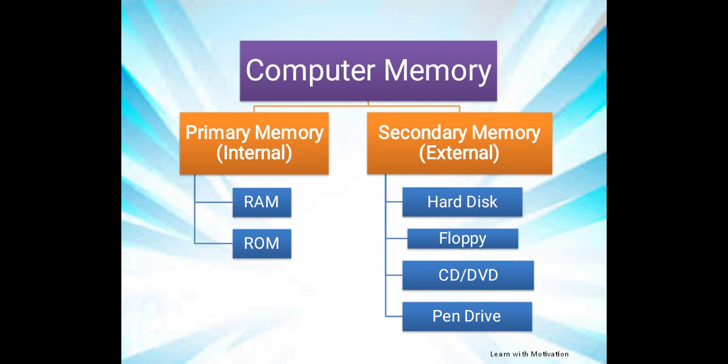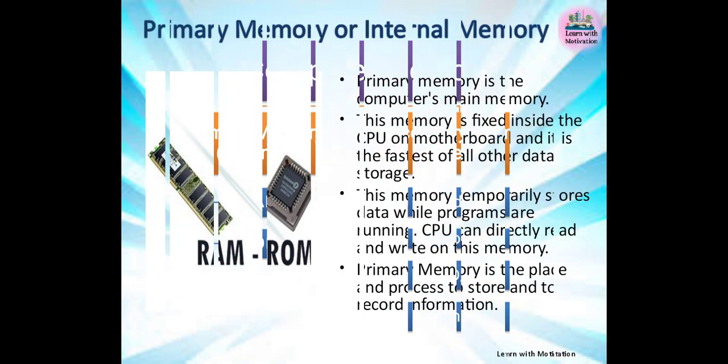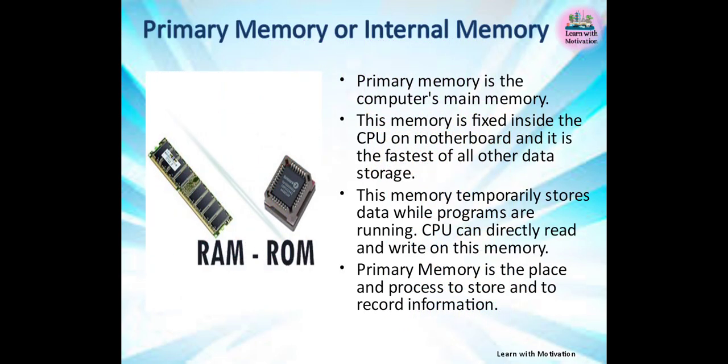Examples of primary memory are RAM and ROM, and secondary memory examples are hard disk, floppy, CD, DVD, pen drive, etc. Now, one by one, try to understand each storage device.